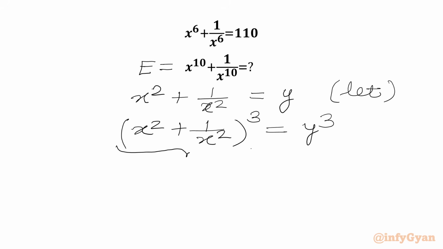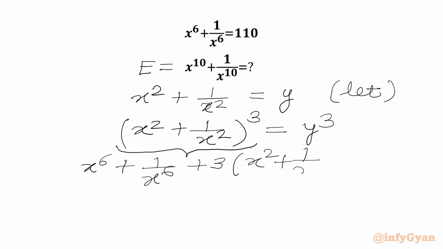Now we will use the (a plus b) whole cube identity in the LHS and we can write x square whole cube, x power 6, plus 1 over x square whole cube, 1 over x power 6, plus 3 times x square times 1 over x square times (x square plus 1 over x square), equal to y cube. Now x power 6 plus 1 over x power 6 is 110.